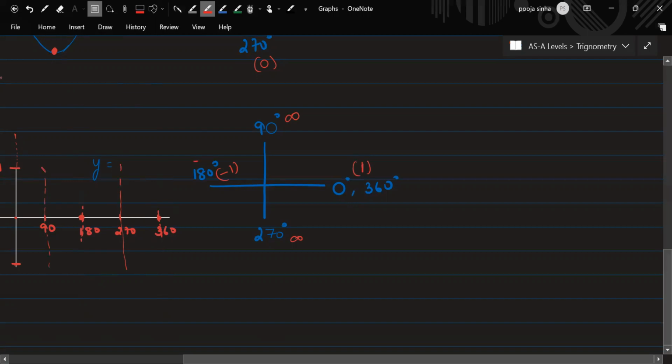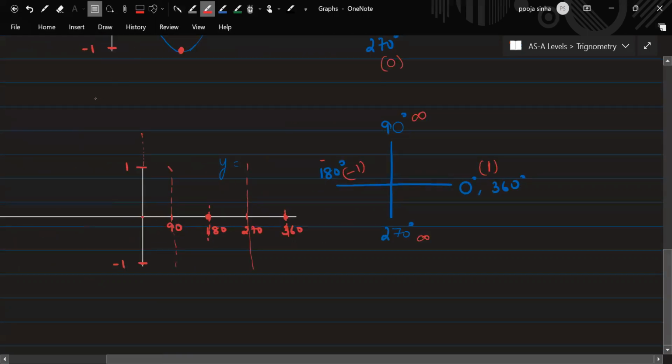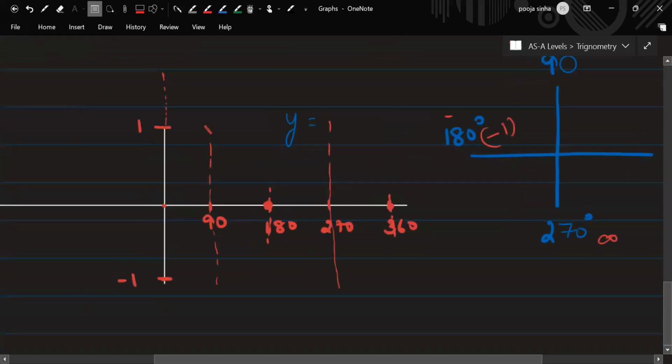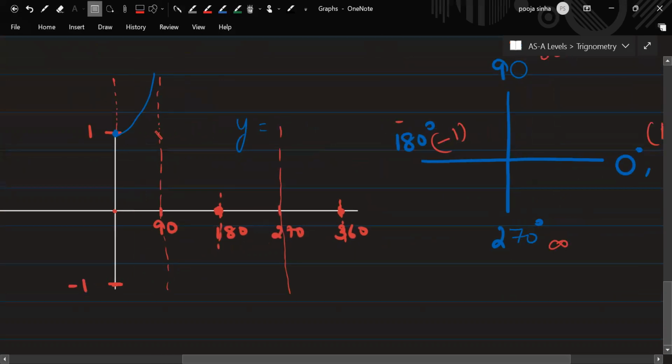So where is 1? If you can look at the diagram here. Where is 1? Here it is. 1 till infinity means it will increase like this. At 0 it is at 1, and it goes towards infinity, so the curve will turn like this. Then comes between 90 and 180.